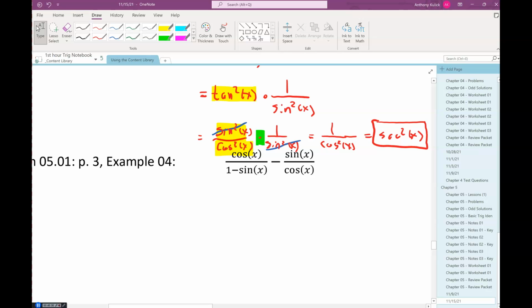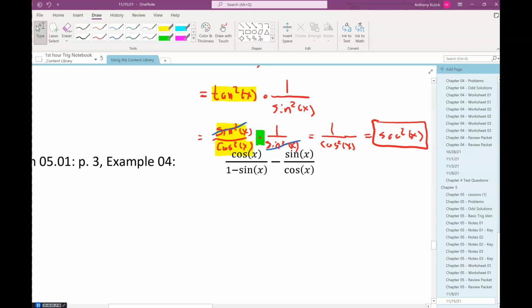So what should we do here, then? I would say there is an algebraic thing we should do here before we start looking at identities. What's simpler than two fractions? One fraction, right? So what would we have to do to do the subtraction there to get one fraction? What do we have to have? A common denominator. Very good.